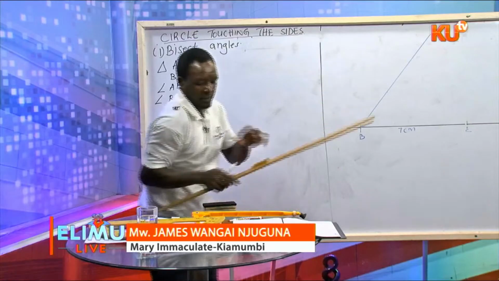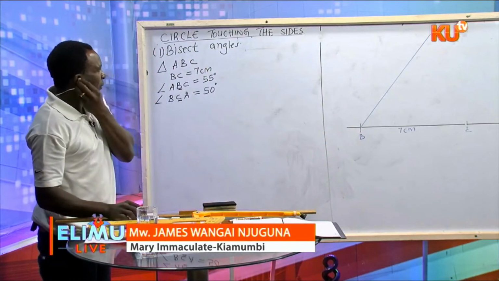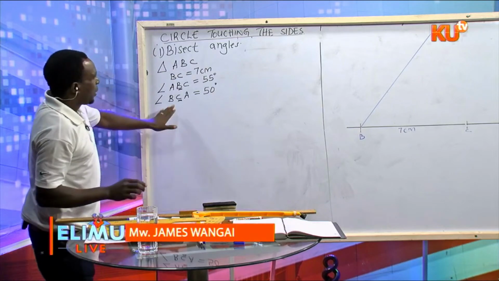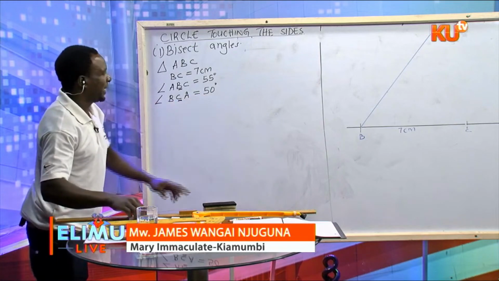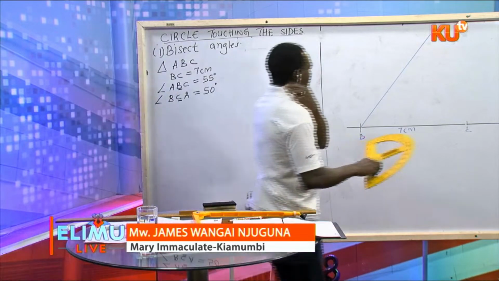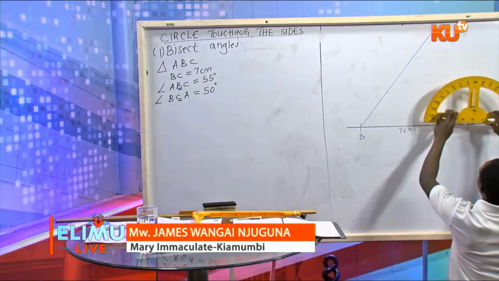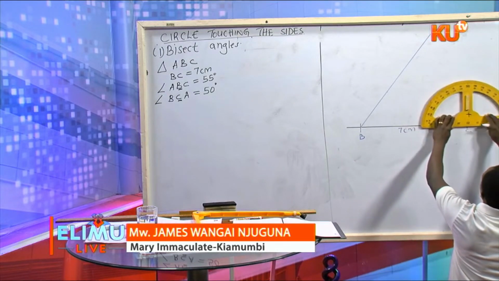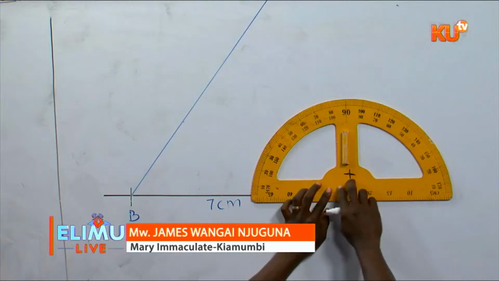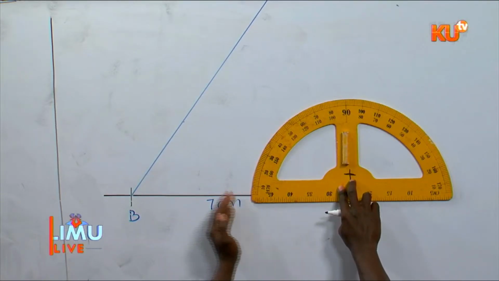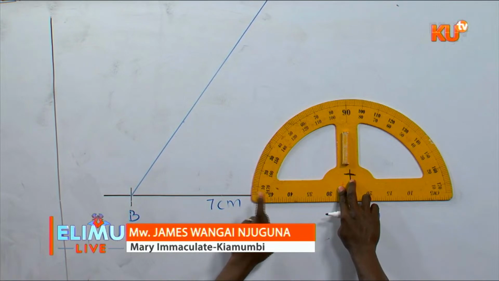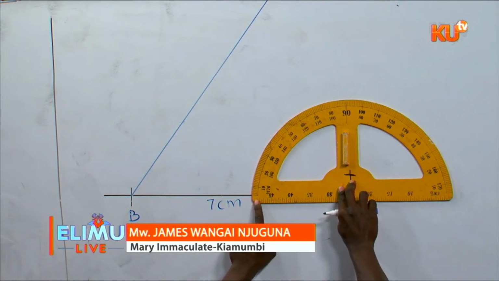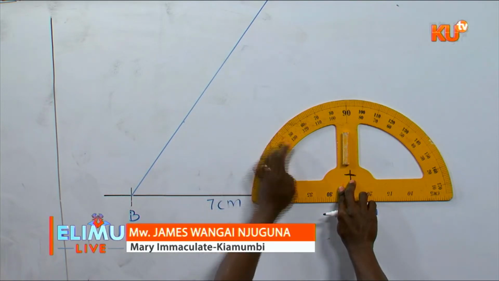There it is. After drawing that line, go now to the other angle, BCA, 50 degrees. Again, take your protractor and place it where we have C. Angalia tu kutumia macho, hii side kutoka hapa mpaka hapa ndio imebaki na space. So we are going to look at the scale that has started from 0 on this side. And it is the outer scale. That is 10, 20, 30, 40, 50.